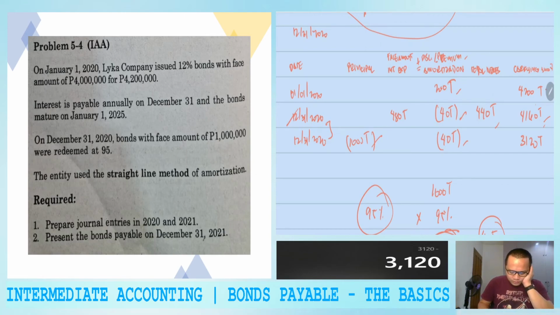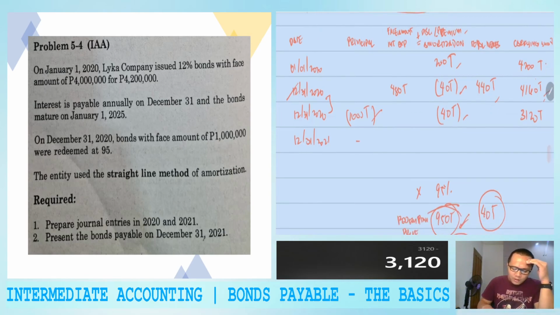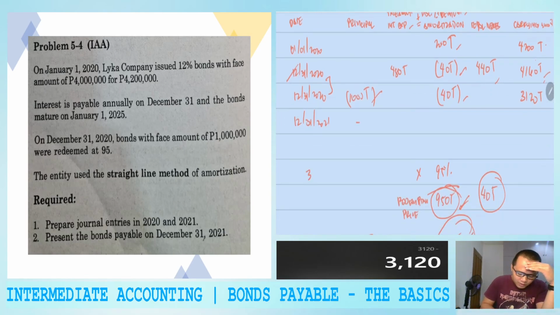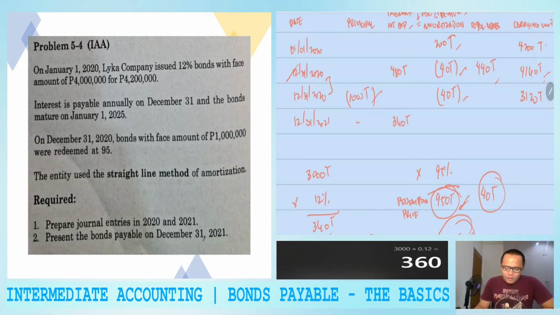So, ngayon, if we are to continue this, on December 31, 2021, no payment sa principal kasi wala nga. But, as to sa interest expense, the basis would now be 3 million times 12%. So, we have 360,000. The amortization of your premium ngayon, magkano na lang yung natirang premiums natin?